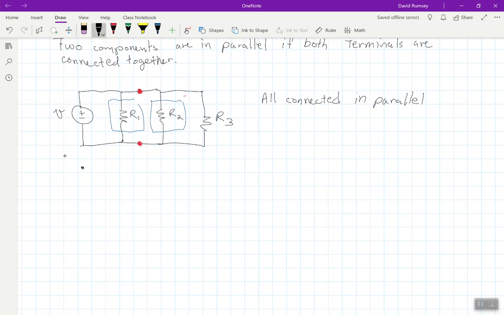For parallel circuits, the voltage drop across each component is the same.